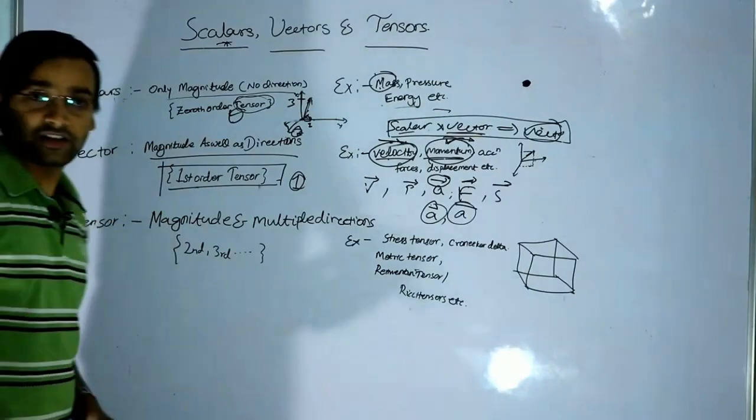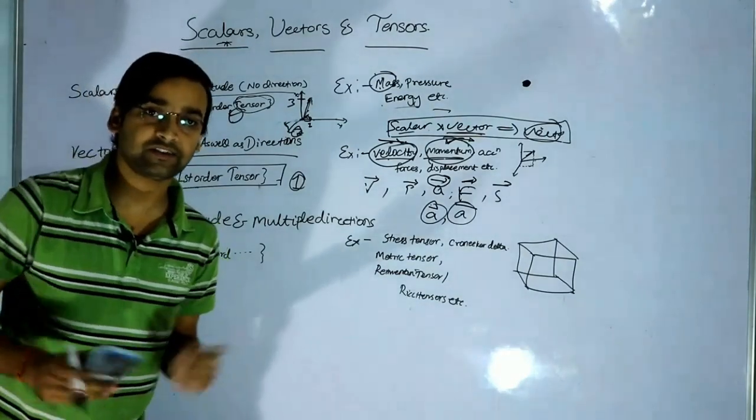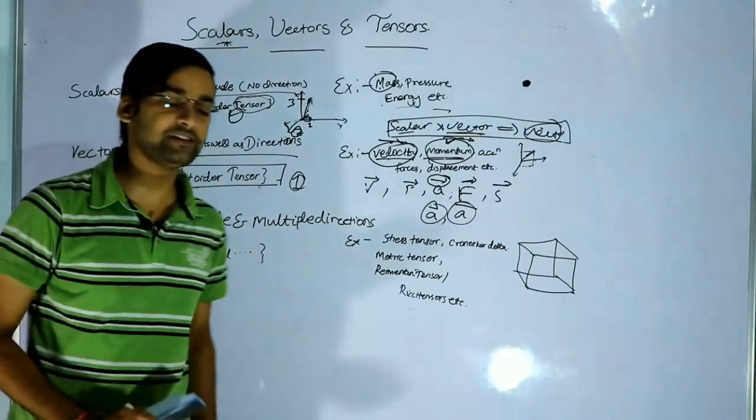Okay, let's come to the tensor. It's a little bit tricky. What is the tensor? A tensor is not like a vector and not like a scalar. It's completely different.